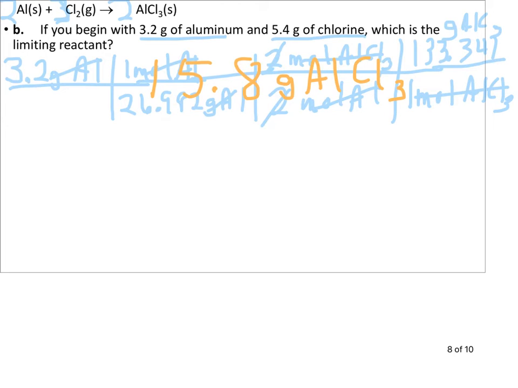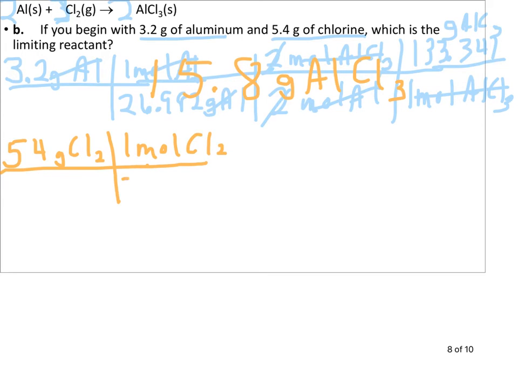I go back and repeat the process, this time starting with 5.4 grams of the chlorine, Cl2, one of our diatomic molecules. One mole of Cl2 is about 70.906 grams of Cl2.